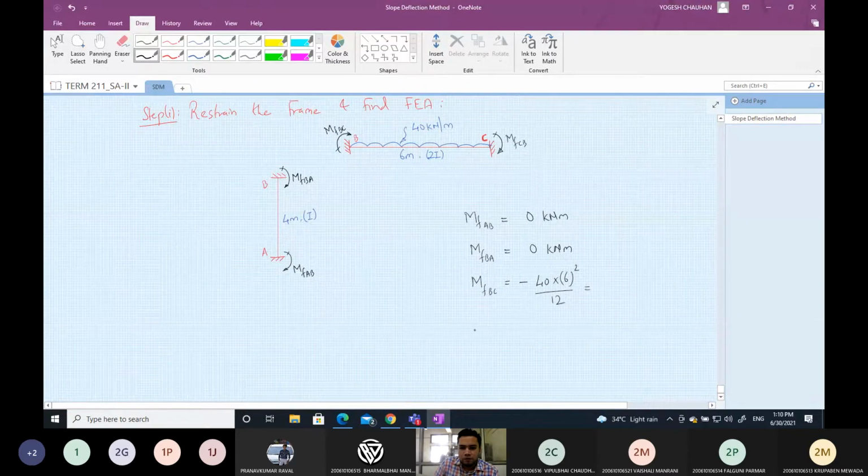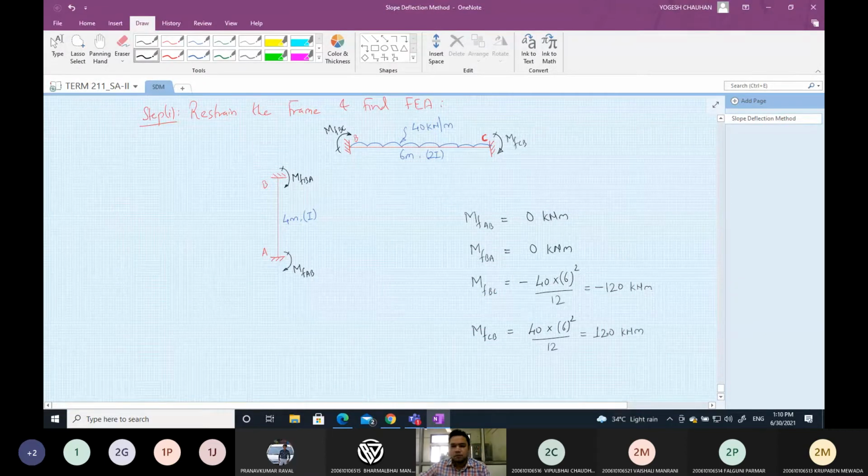How much is this value? MFCB will be 40 into 6 square by 12. How much is this? 120. Minus 120 kilonewton meter, and plus 120 kilonewton meter.